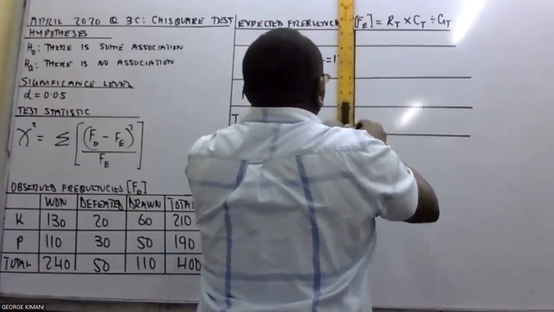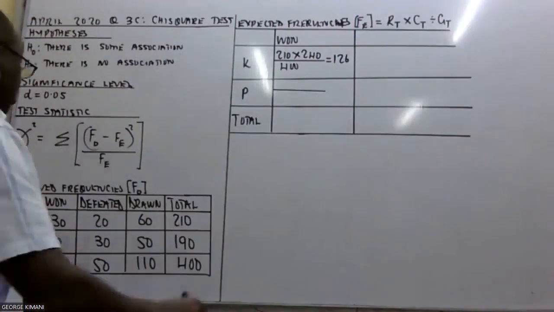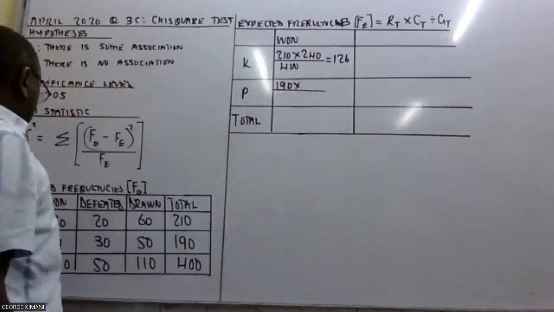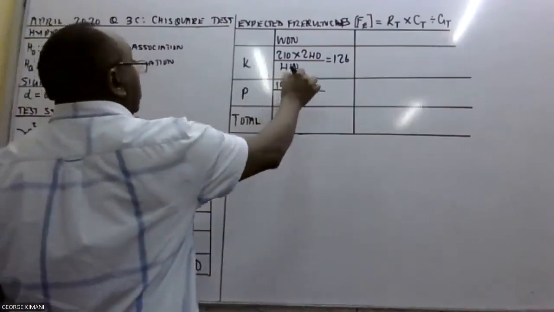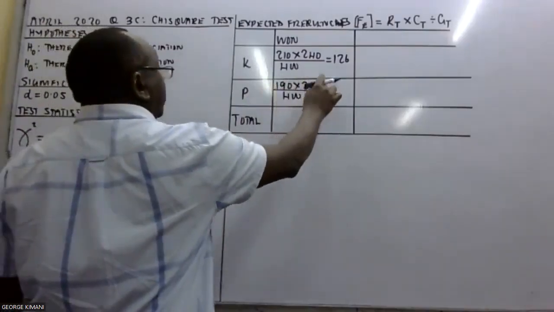So that goes to the same thing here. When you come to this one, the row total is 190. Column total is 240. Divide by 400.